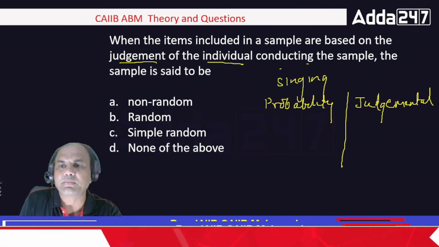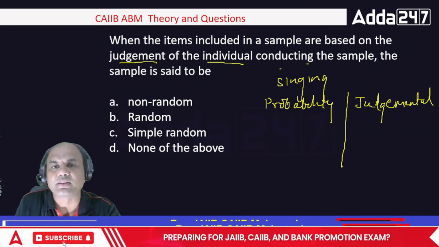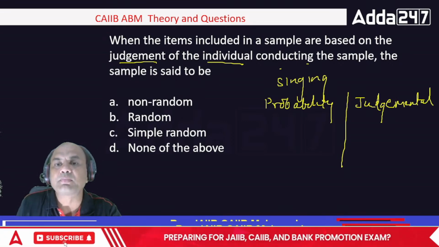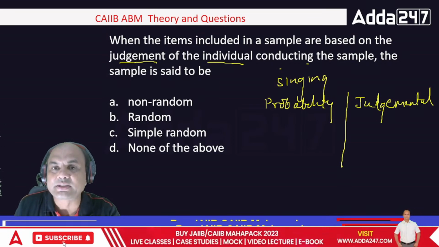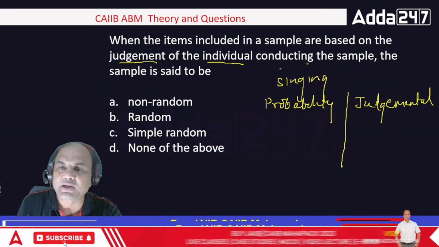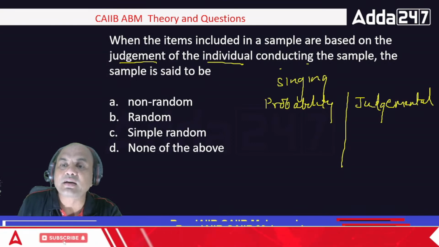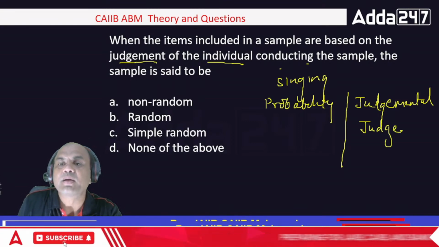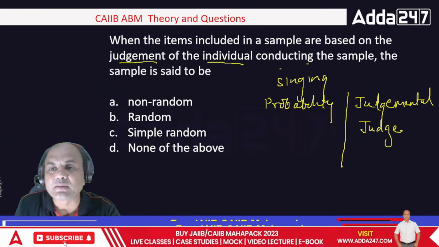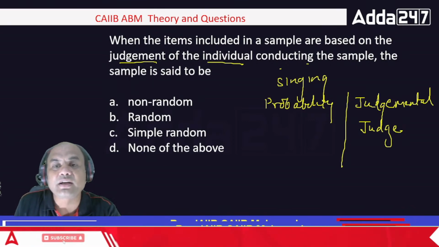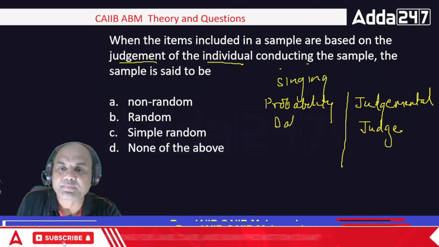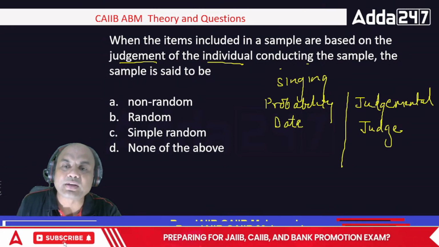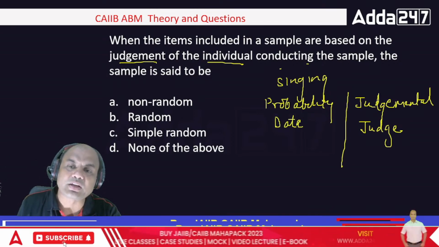Judgmental means the decision is taken on the judgment of that individual. Your judge decides what is wrong and what is right. Probability means there is no single person to decide. It's always the data which decides.